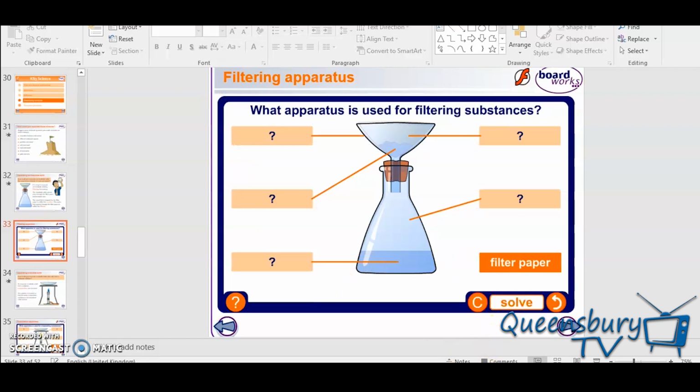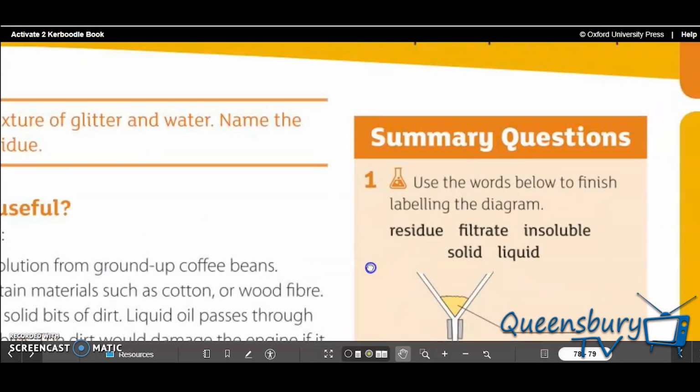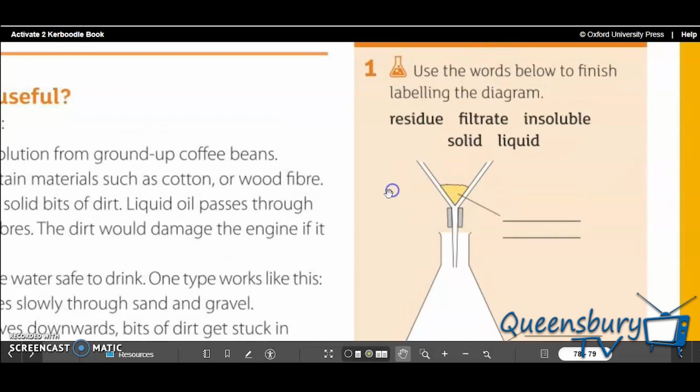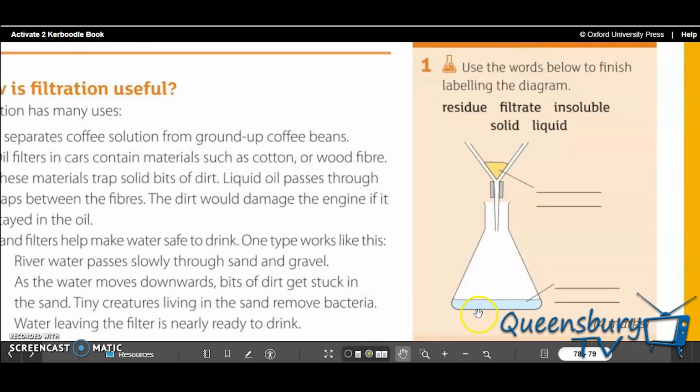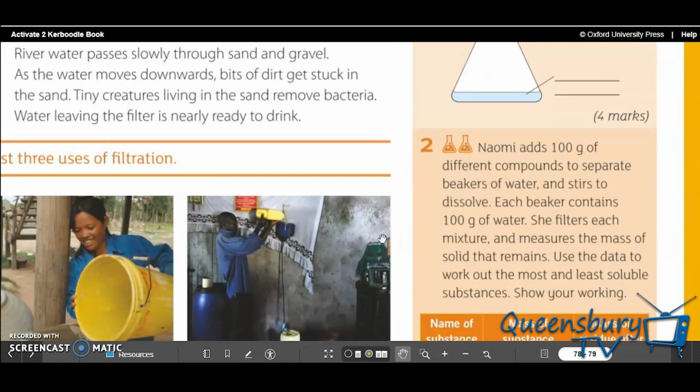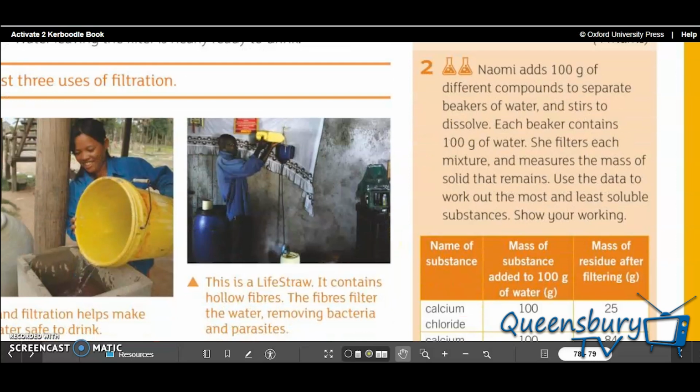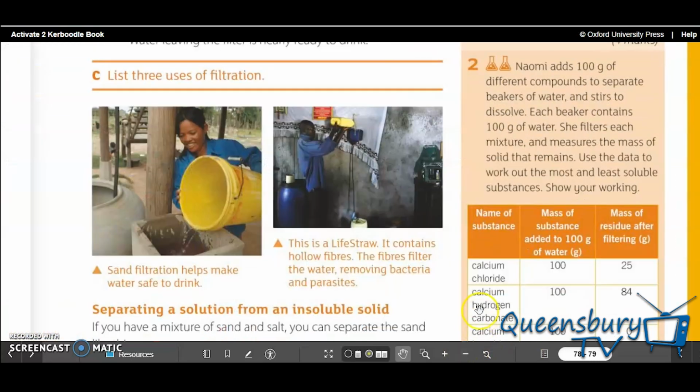Now the final part of today's lesson, I would like you to pause the video intermittently at each stage. So here's question 1. Using these words, have a second attempt at labeling the apparatus. Once you've done that, you can go back to the learning material and check against it. Here's the second question I'd like you to have a go at.